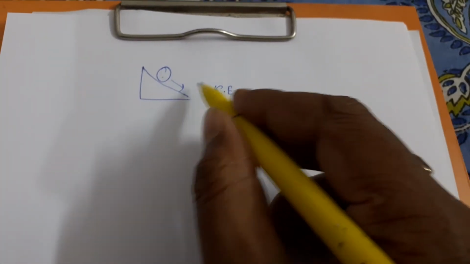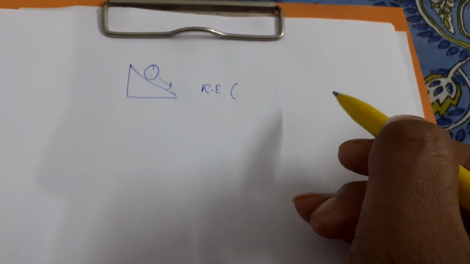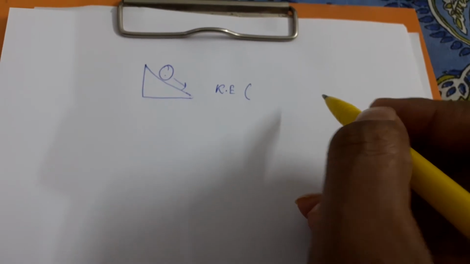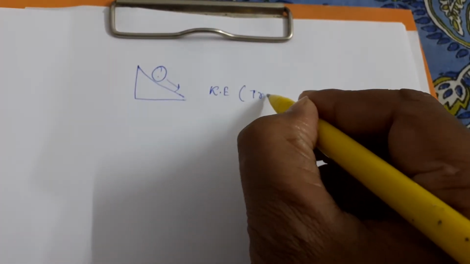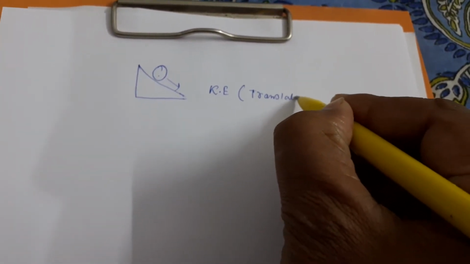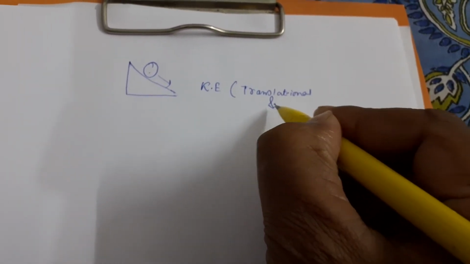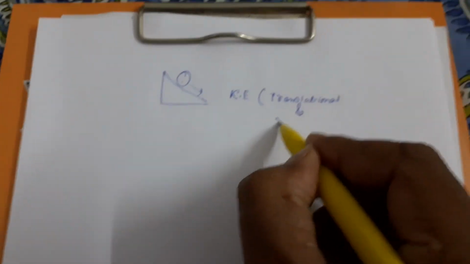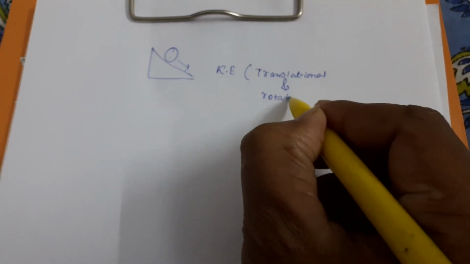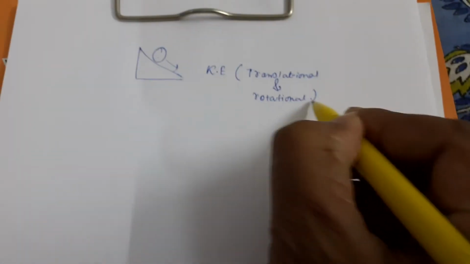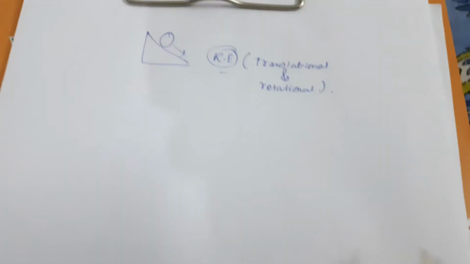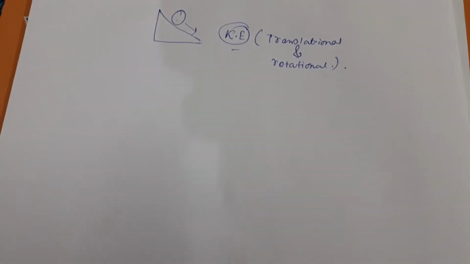There are two types of kinetic energies present in this case: one is translational kinetic energy and the second is rotational kinetic energy. So you simply write down kinetic energy. That is the answer.